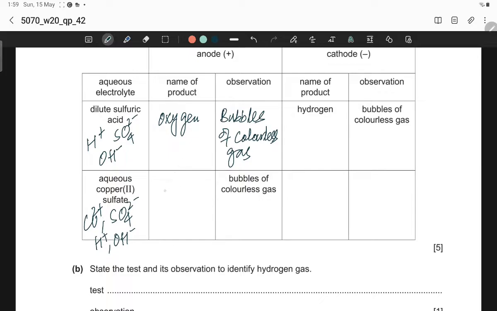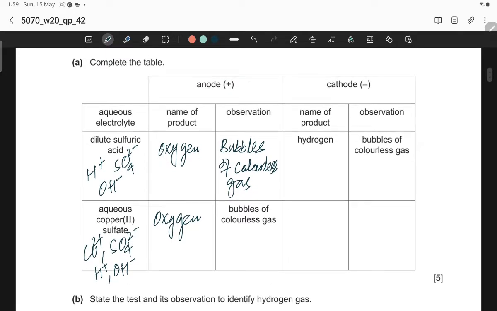At the cathode, because copper is below hydrogen in the reactivity series, the copper ion discharges to form copper solid. The observation at the cathode will be pink solid.